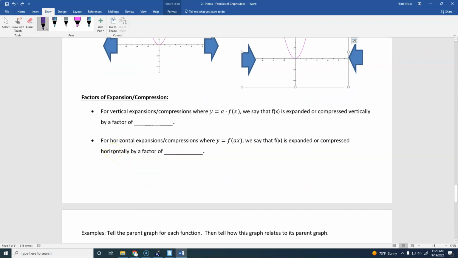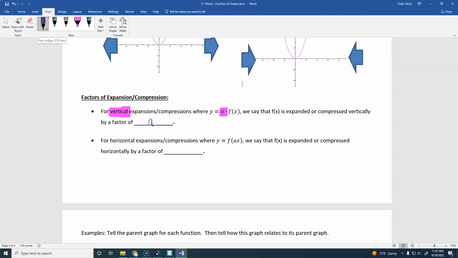So whenever we talk about expansions and compressions, we talk about the factor of expansion or compression. For vertical, remember vertical is when we have that number multiplied on the outside of the parentheses. For vertical expansions or compressions, we would say they're expanded or compressed vertically by a factor of a, whatever number it is.